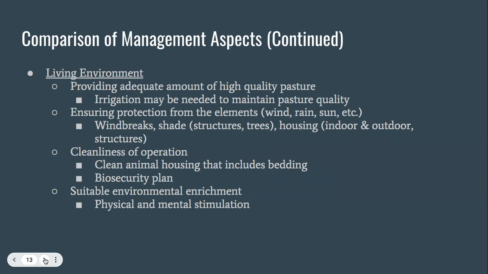The cleanliness of the operation is very important. Clean animal housing that includes bedding if housed indoors. A biosecurity plan should be in place, and there needs to be suitable environmental enrichment for the sheep, both physical and mental stimulation for proper animal welfare purposes.